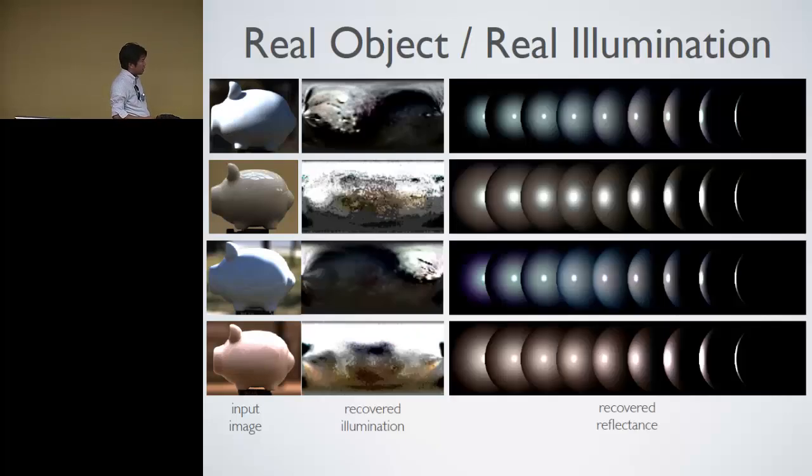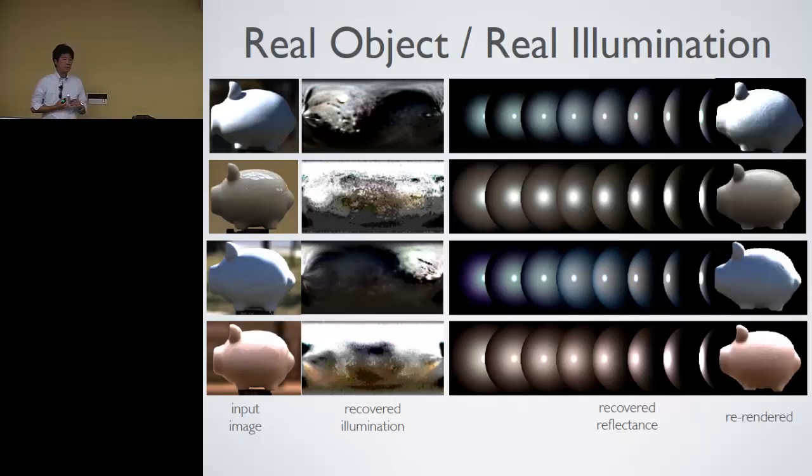And if you close your eyes to these color shifts coming from that ambiguity in color constancy, you can see that we can recover the characteristics of the BRDF very accurately because they agree very well. And both of these will allow us to predict how this object will look under this illumination or different directions. And also you can see that the recovered natural illumination is really capturing the gist of these actual illuminations, right?